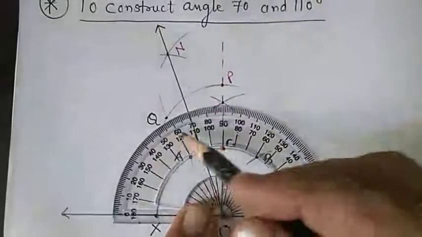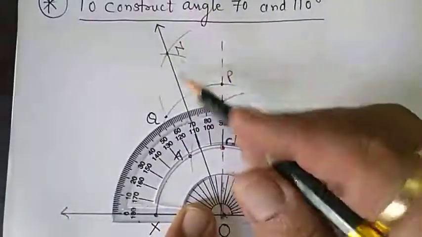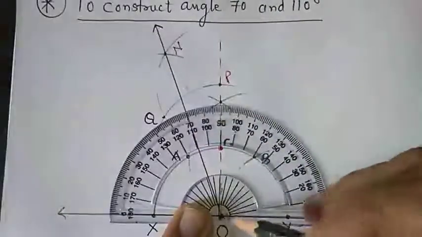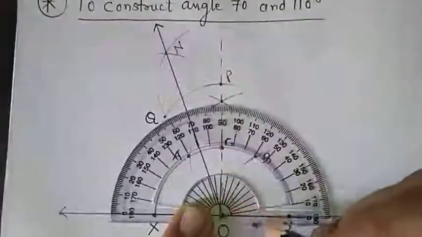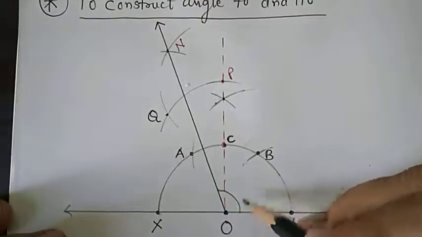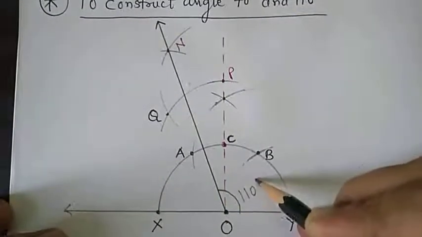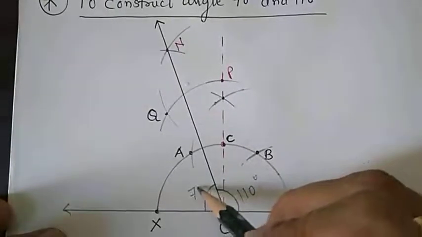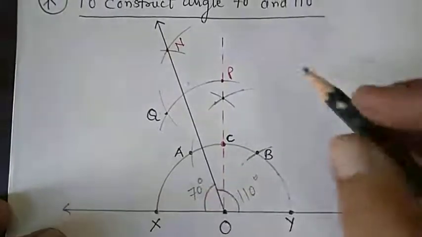If inside angle XON we are considering, then it will be 70 degree, and if we consider YON, then it will be the other side, that will be how much? This was 110 degree, and if we are doing on this side, that will be 70 degree.